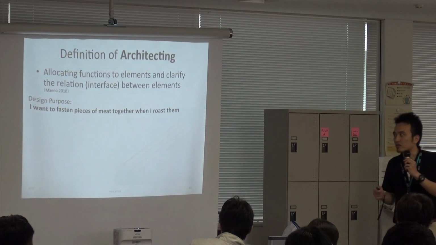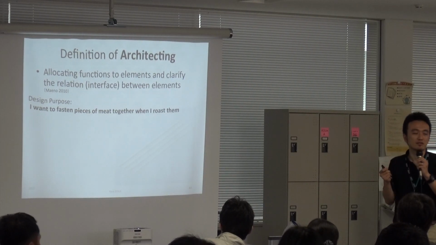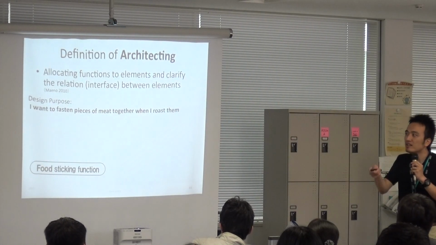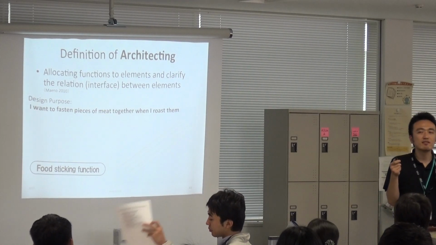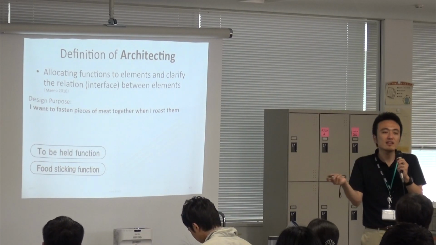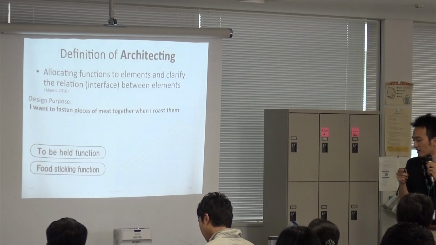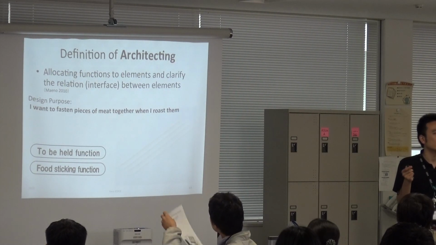So I'm going to take you through the architecting steps. All right, so this is what I have in my mind, and I start designing my functions. What function should I have? I need to have maybe a food sticking function somehow, right? And then it needs to be held by hand, okay? And then you start to think, how do I do this with a physical element?